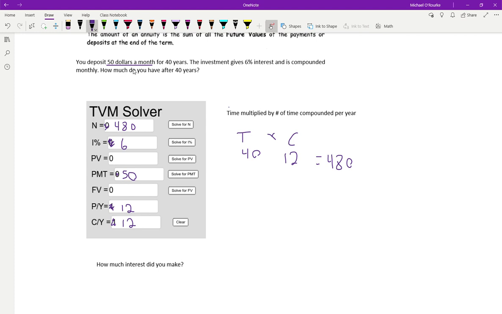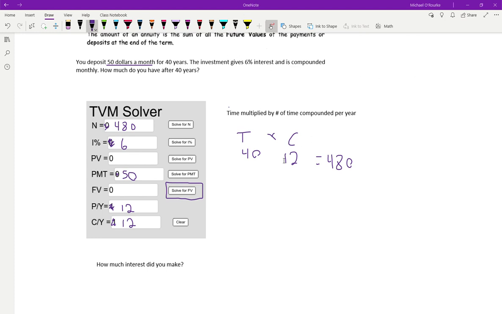Now, how much will they have after 40 years? We're looking into the future. So we're looking for our future value. Let me find my TVM solver, GeoGebra. So, let me fill this in now.